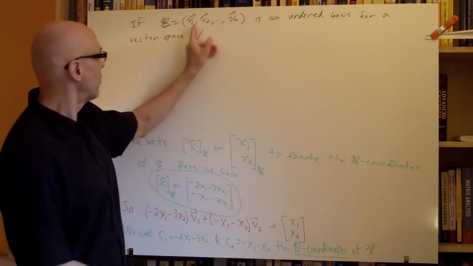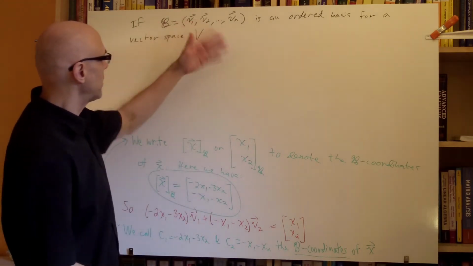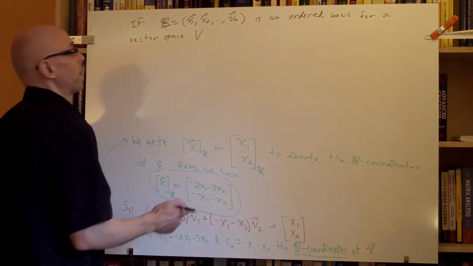That makes sense, right? The 1, the 2, up to n. So the ordering is just simply given by the subscripts of the symbols, 1, 2, 3, etc.